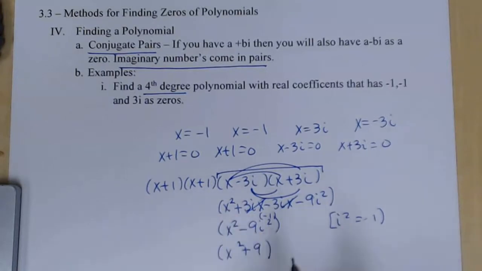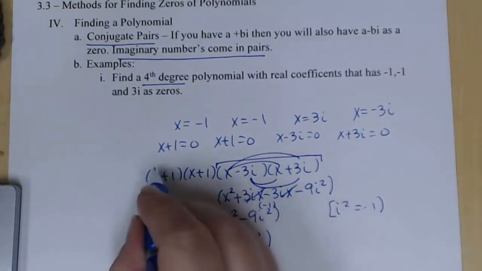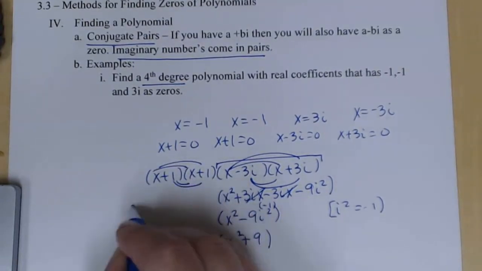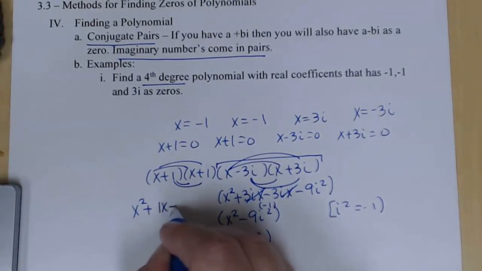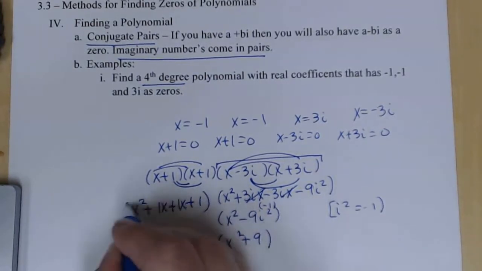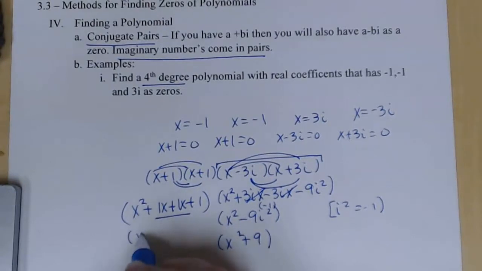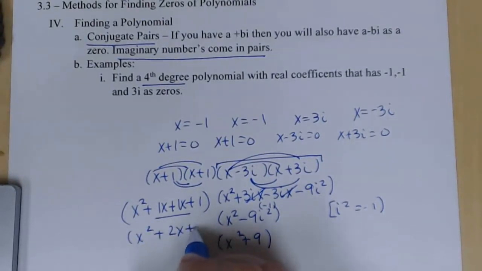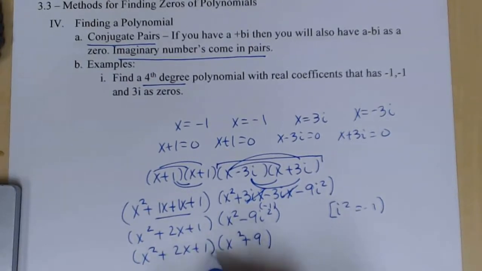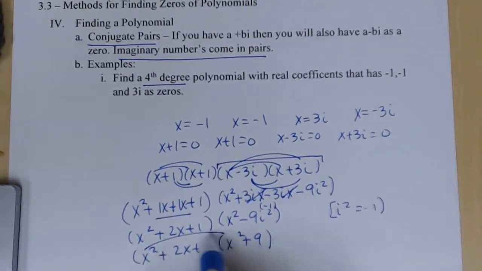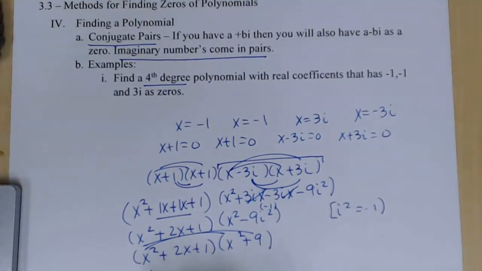Now I'm going to multiply this side together, x plus 1 and x plus 1. So just FOIL, distribute, box method. That gives me x squared plus 1x plus 1x plus 1. Combine like terms, so it gives me x squared plus 2x plus 1. And now I'm going to multiply that piece times this x squared plus 9. So distribute. That gives me x to the 4th plus 9x squared.